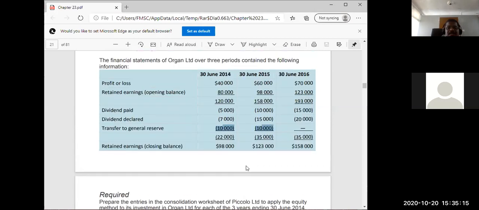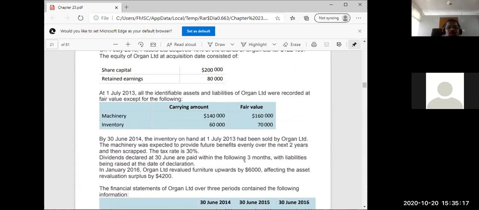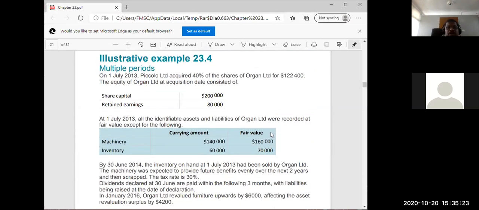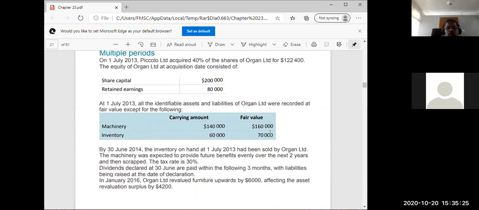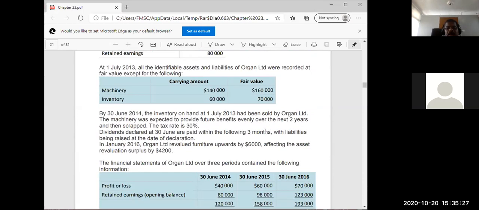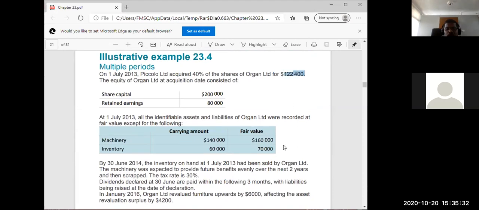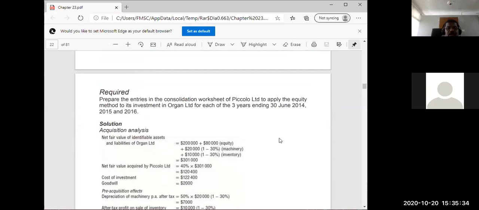So what I am asking is, can you calculate the goodwill of this question? Goodwill is very simple. Investment you can take 122,400. The answer is with me, so we will see the answer, because it's easy for me to discuss the answer on these sheets rather than writing.